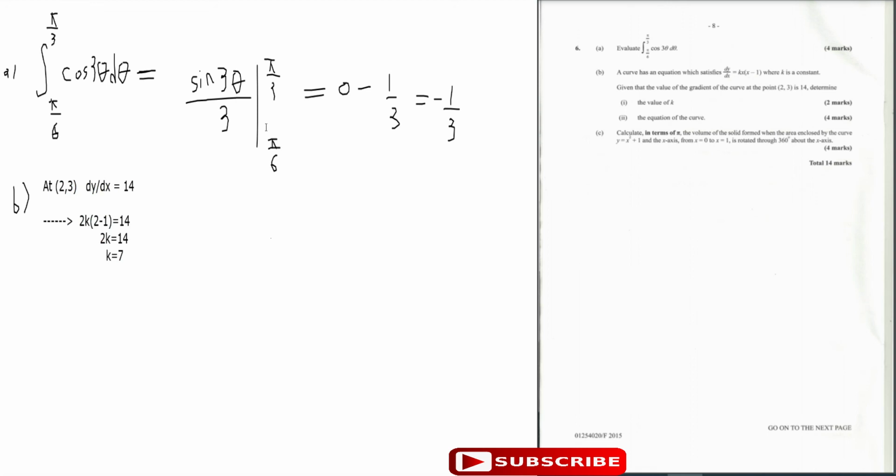Next it says find the equation of the curve. To find the equation of the curve, y is going to be equal to the integral of dy by dx. Since k is 7, dy by dx is really 7x times x minus 1.